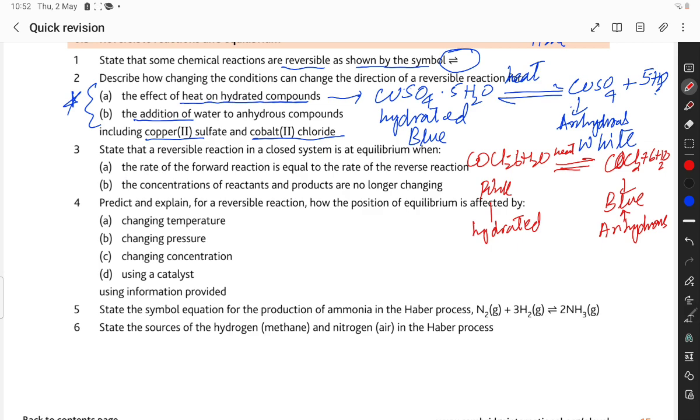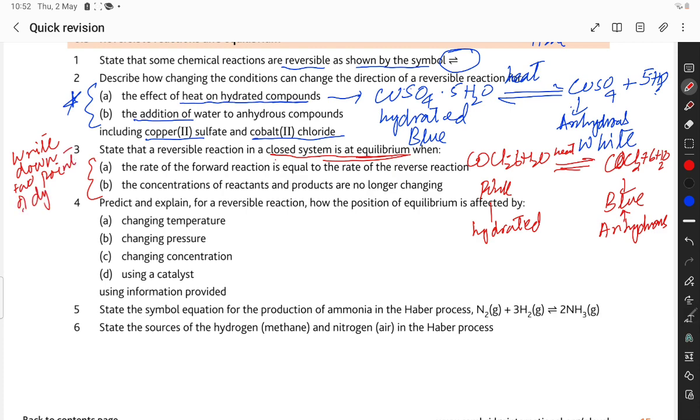State that a reversible reaction in a closed system is in equilibrium. Equilibrium reaction takes place in a closed system. Write down the 2 points of dynamic equilibrium.